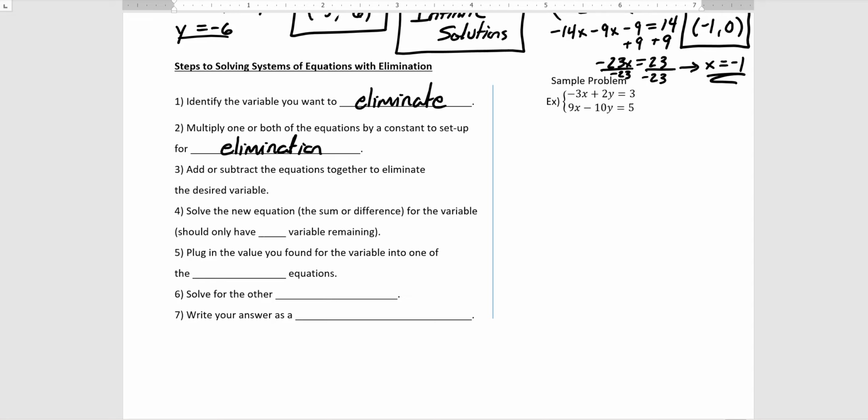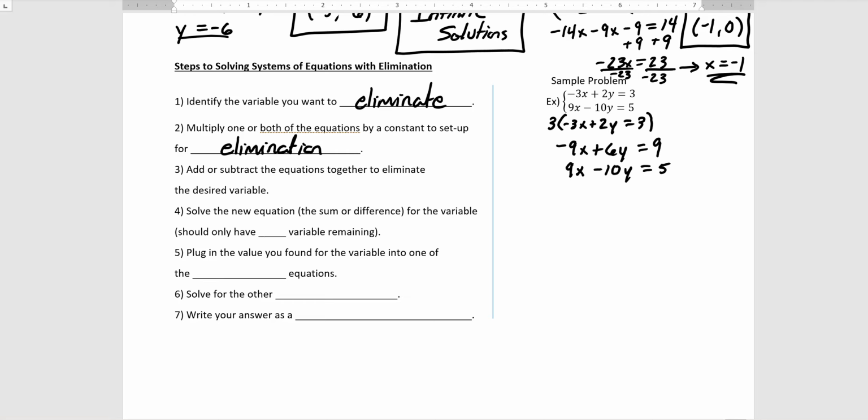So I'm going to start by multiplying the top equation by 3. So I'm going to say 3 times negative 3x plus 2y equals 3. And I'm going to multiply everything in that equation by 3. So it'll become negative 9x plus 6y equals 9. My bottom equation stays the same, 9x minus 10y equals 5.